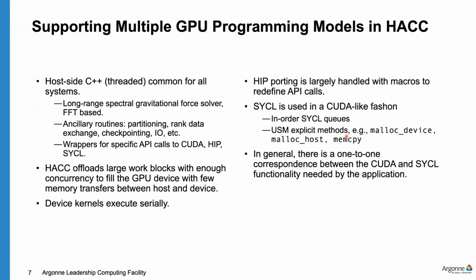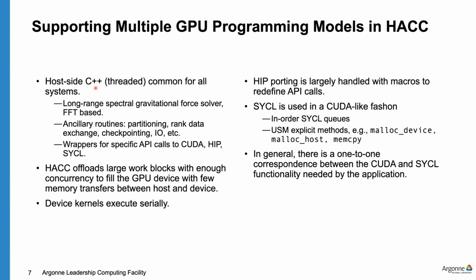So how do we go about supporting multiple programming models in HACC? If you remember that big picture slide, there's a long range component to the gravity code that is common, a host side code common for all systems.